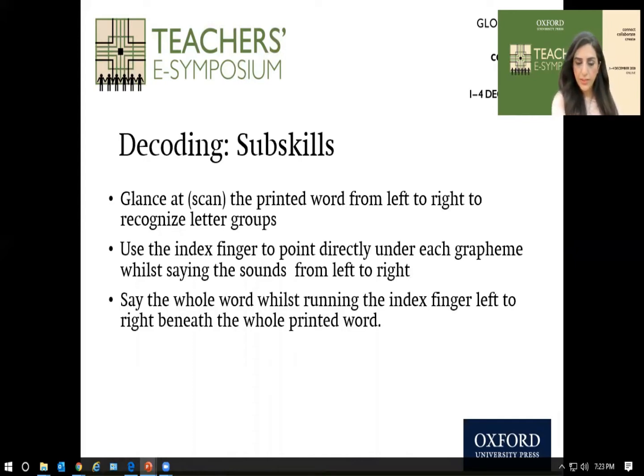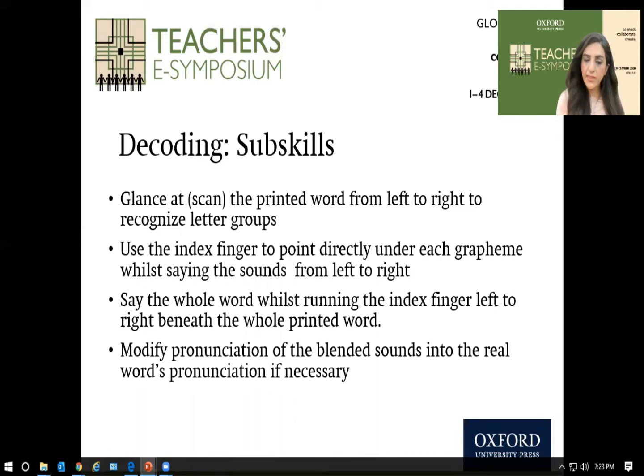So letter or group of letters. They have to say the whole word while running their index finger from left to right beneath the printed word. Okay, so we're going to see exactly what this looks like. And then if need be, they need to modify the pronunciation to match the blended sounds to the real word's pronunciation where necessary.